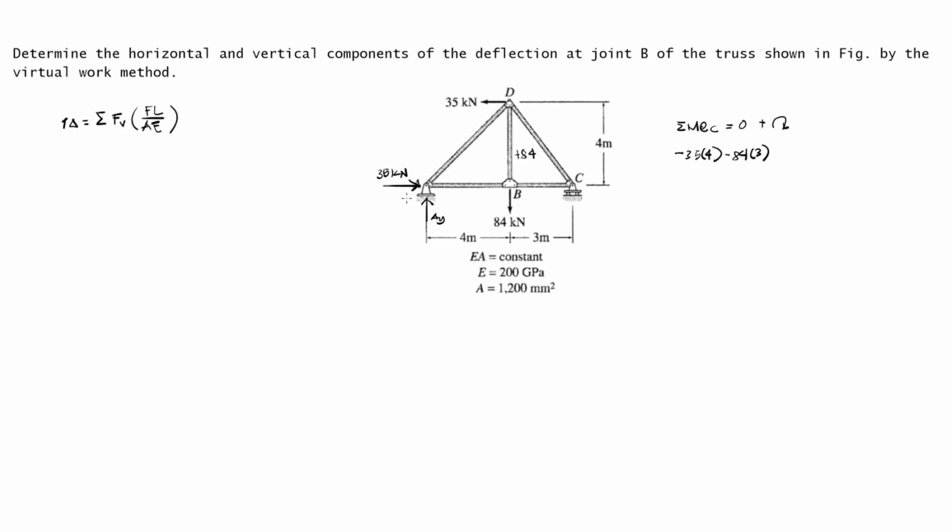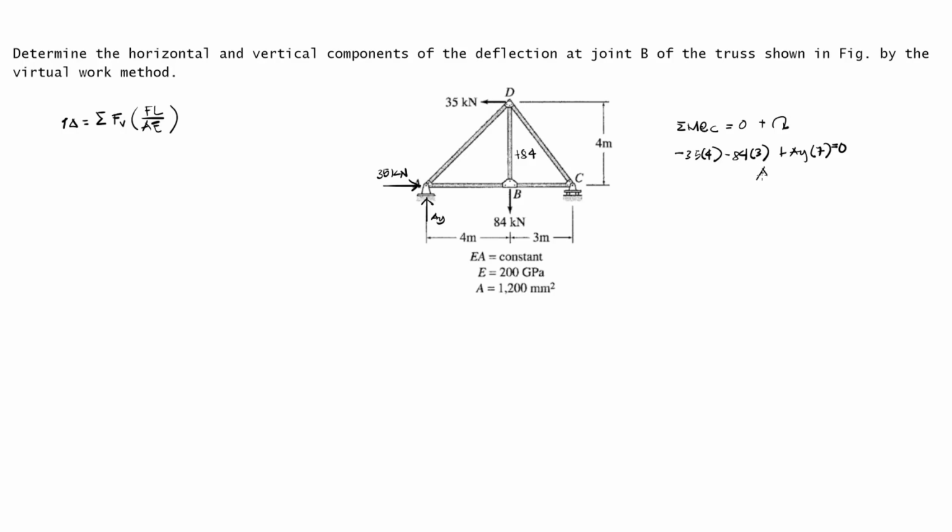The 35 at A is neglected, so what remains is AY, positive AY multiplied by 4 plus 3, that is 7 meters, equal to 0.